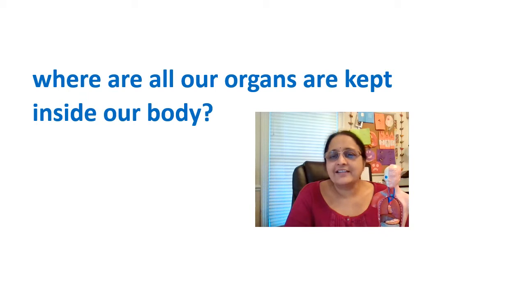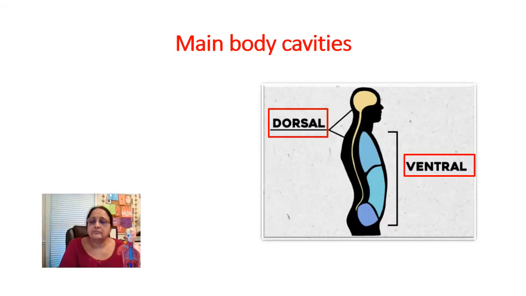For all these questions, the answer is that our body is just like a gunny bag where all organs are kept inside, but in a protected and organized manner. So here come our body cavities into the picture. What are body cavities?